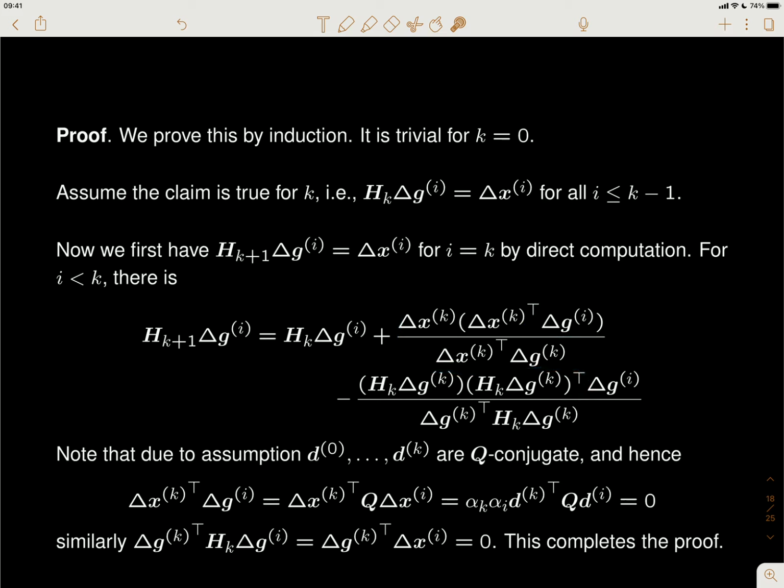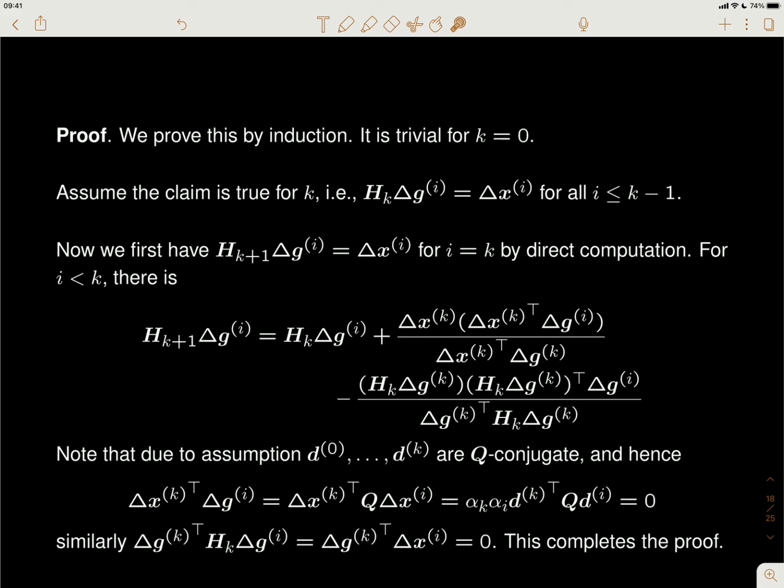Let's see what happens when I multiply delta g_i on the right. Okay, now I get this. Because during the induction hypothesis we said that the H_k satisfies this, the d_i's we generated along the way are Q-conjugate. So d_0 to d_k are all Q-conjugate.